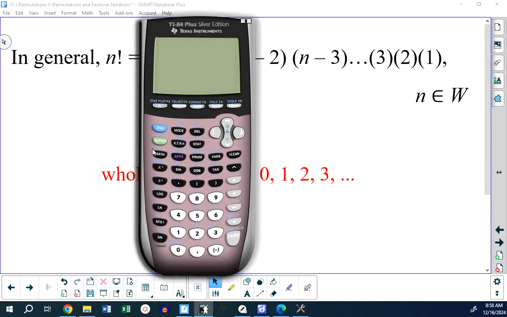When I do that, I just go math, and instead of scrolling to the right 3 times, I just scroll to the left once, and it takes me there. So 0 factorial is defined. It's equal to 1. And later on in the lesson, I will explain to you why it's equal to 1. That doesn't really make sense, does it?